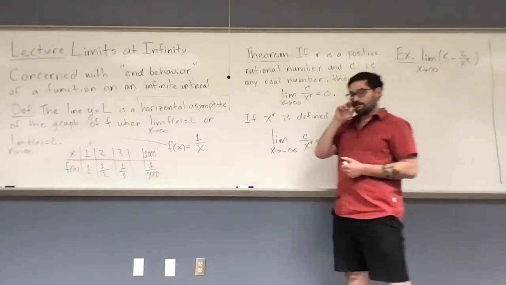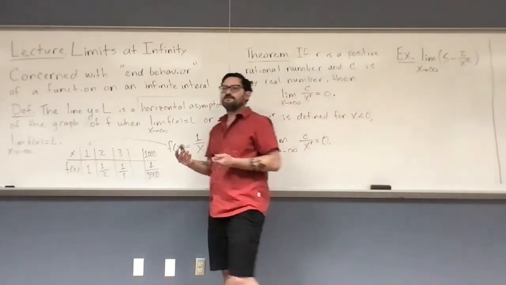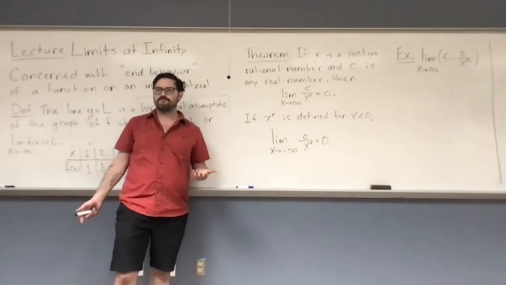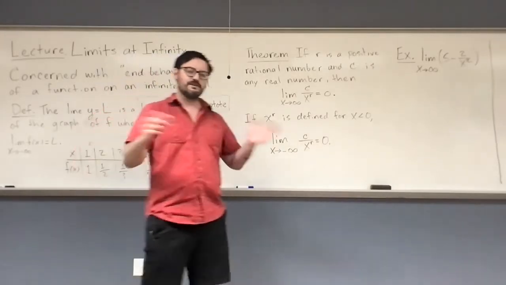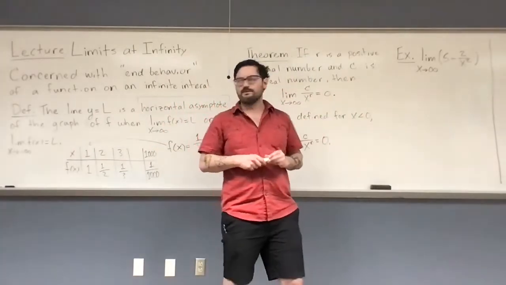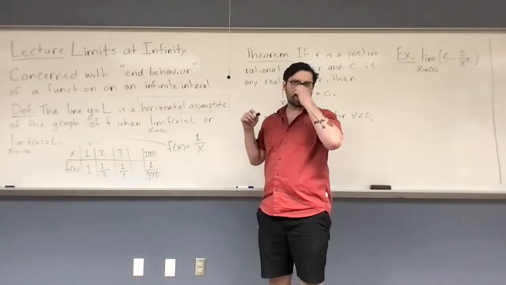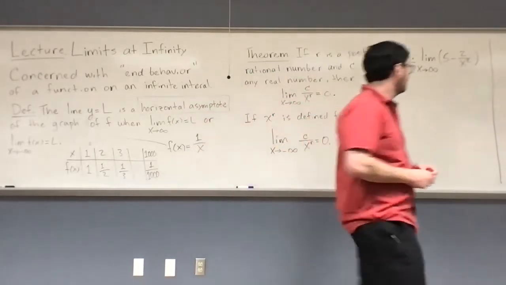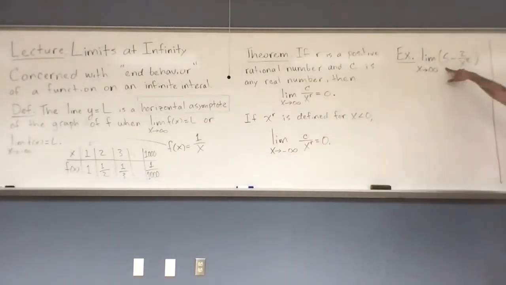Limits are additive: the limit of the sum is the sum of the limits. But before even breaking that up into two limits or applying this theorem, let's just look at it and think for a second. What does this function behave like when x is really large? What is it behaving like?